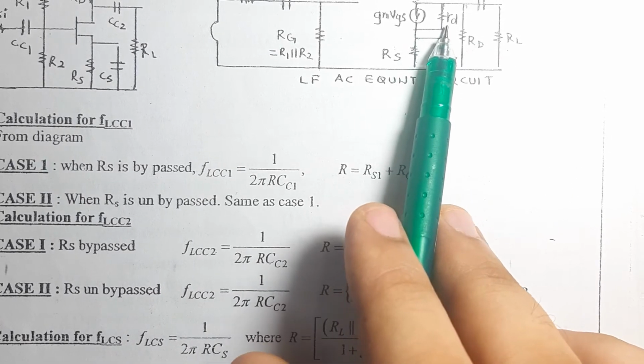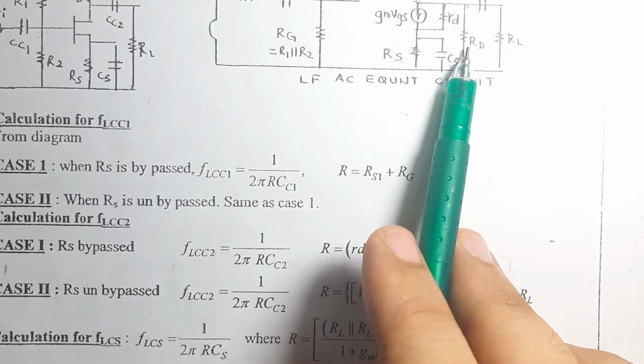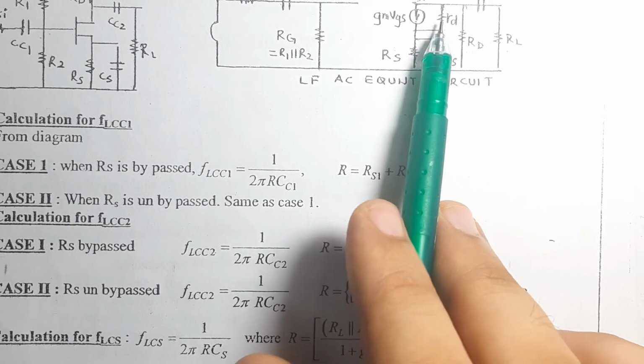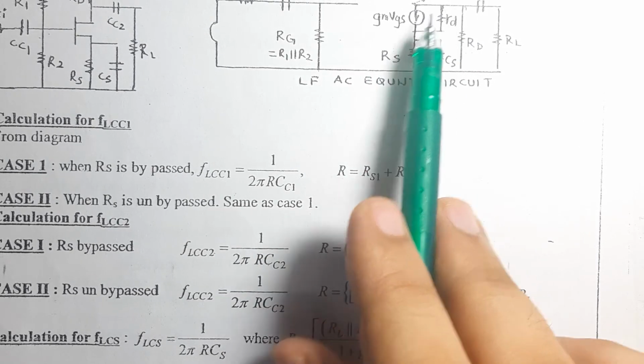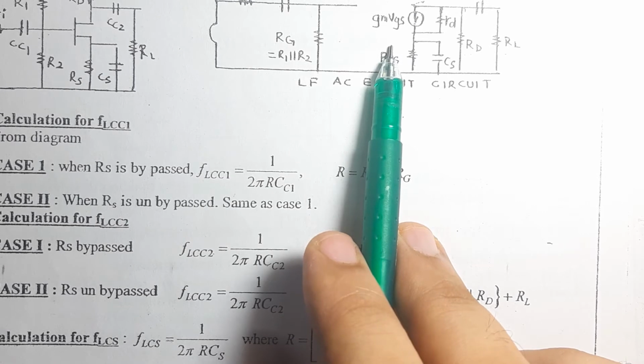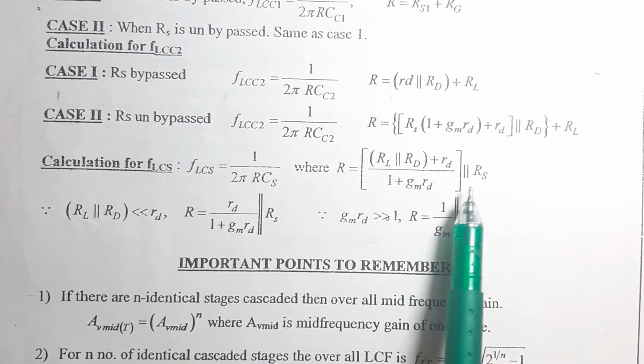It is nothing but RD plus RD parallel RS. This entire configuration is taken in parallel over here, or in other words, it is transferred from your drain to your source. So it is being divided by a certain term, 1 plus GMRD, which is written over here. Hence it is given in parallel to this.